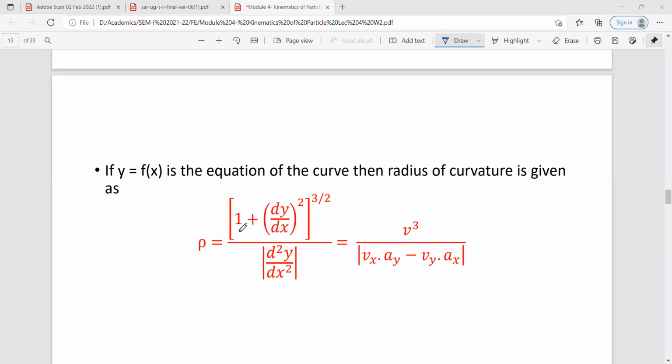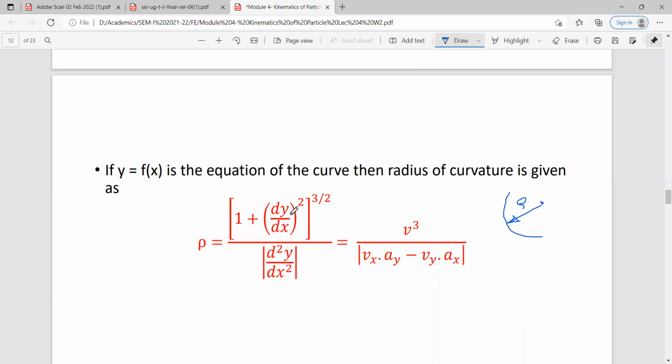So, radius of curvature of the circular path, rho. The object is moving, this is the center of curvature, and this is your radius of curvature rho. So this rho can be found using this formula.